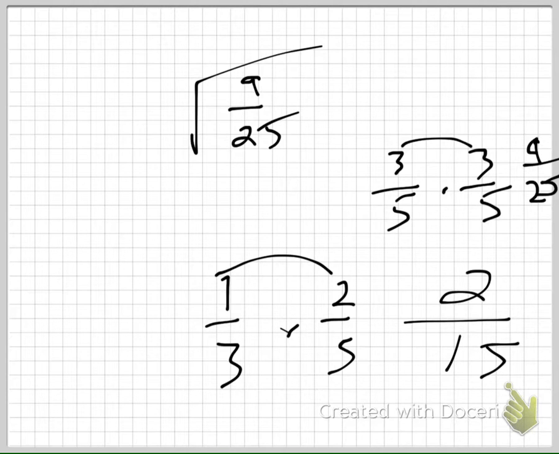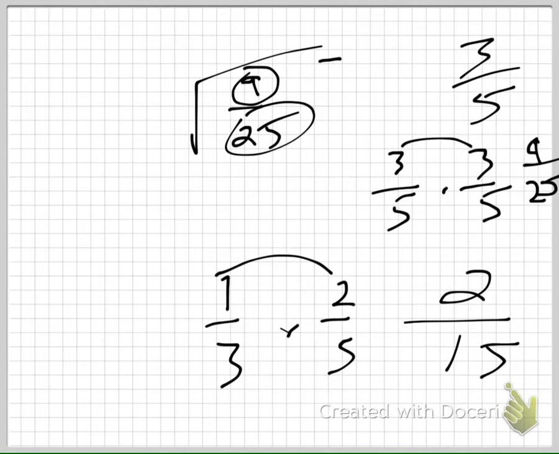So when you have a fraction and you're square rooting it, you're literally going to square root the top. That makes the new top, and you're going to square root the bottom. That makes the new bottom. So 9/25 would be 3/5. Yes. Good question. Let's do that. The square root of 4/5.